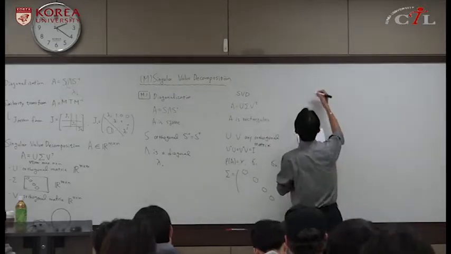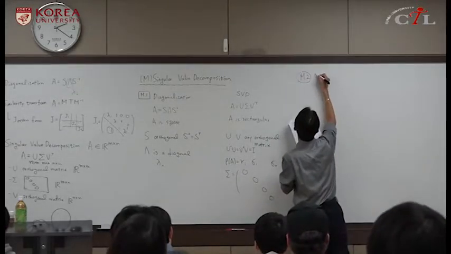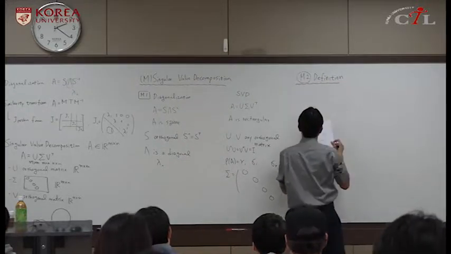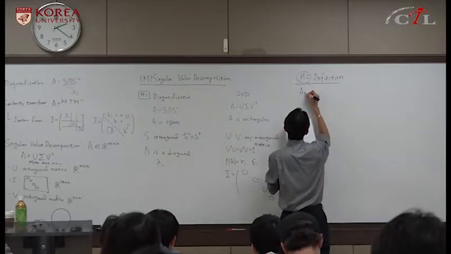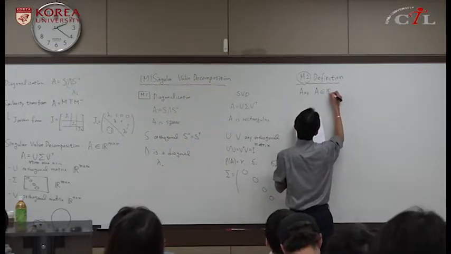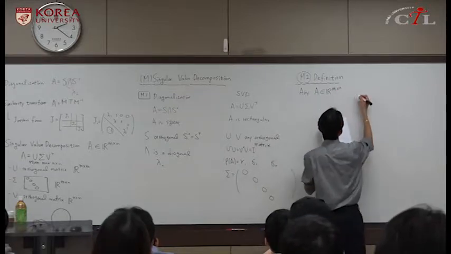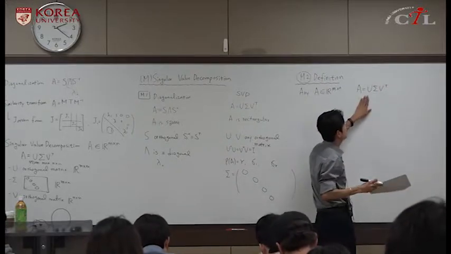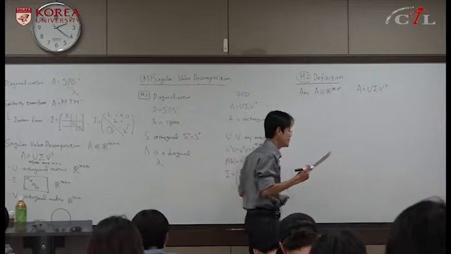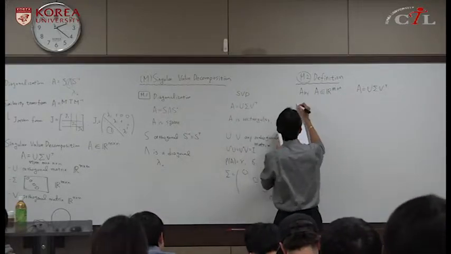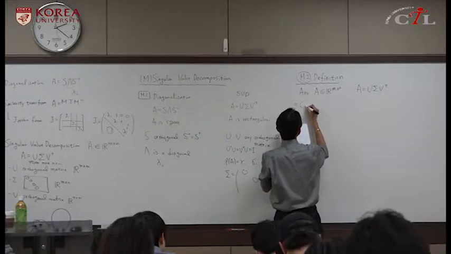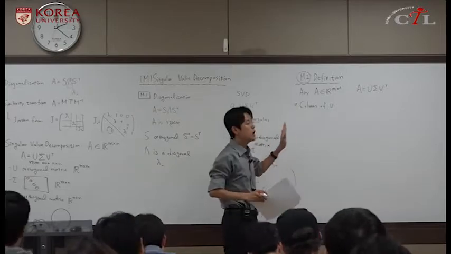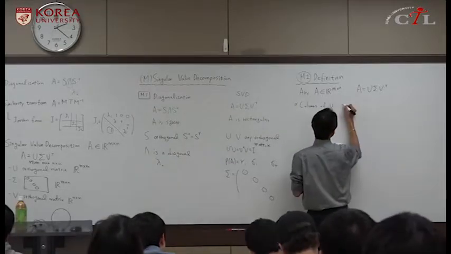Now, let's go to the definition. Any arbitrary matrix A, m by n, can be factored into A equal to U sigma V transpose: orthogonal, diagonal, orthogonal. Then the columns of U are eigenvectors of A A transpose.